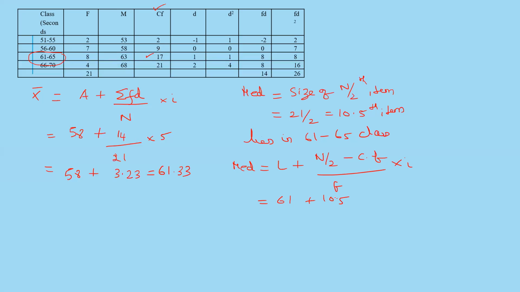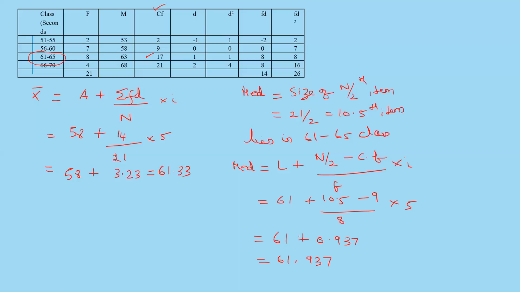You can see it is 9, minus 9, divided by frequency of the median class, that is 8, into 5. So when you solve this, you will be getting 61.937. That lands up to 61.937 is the median.